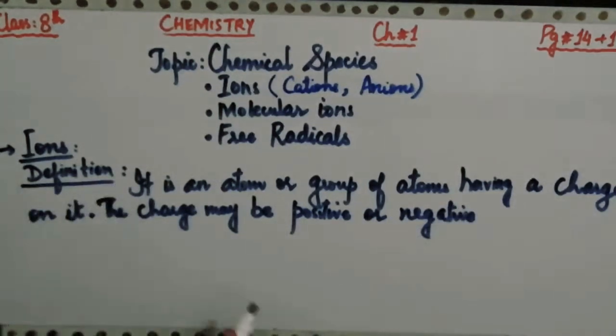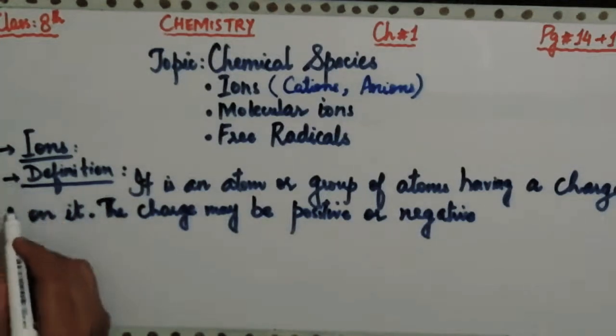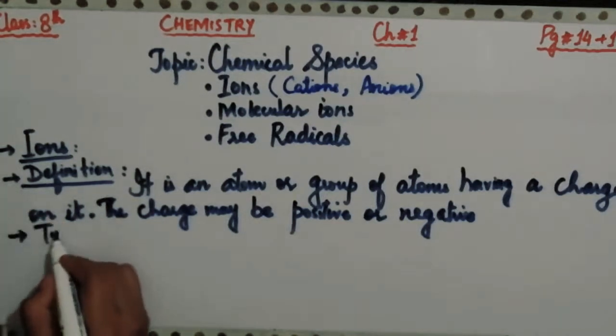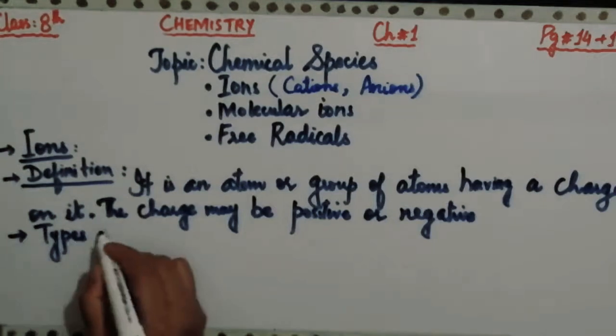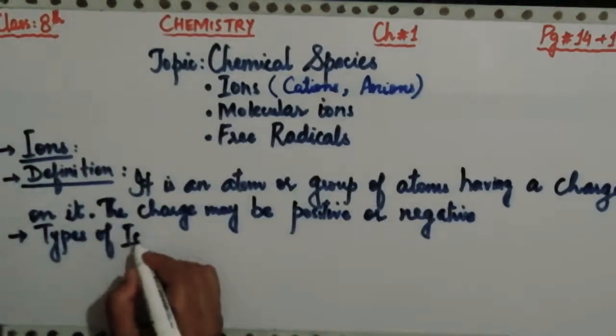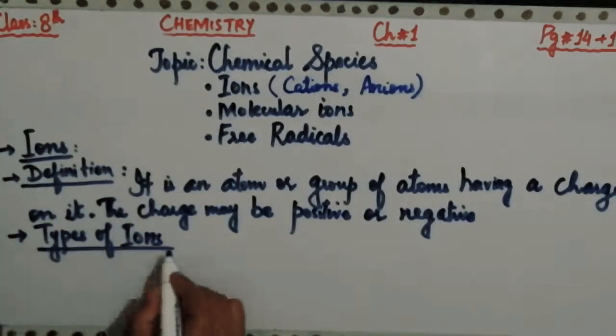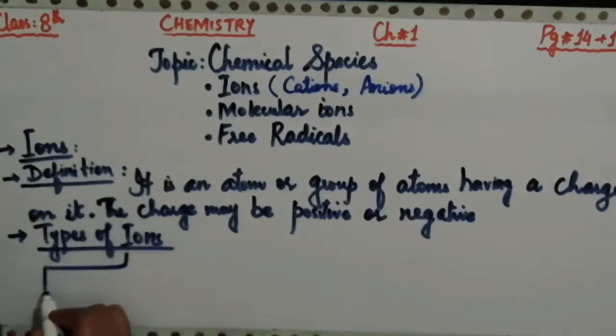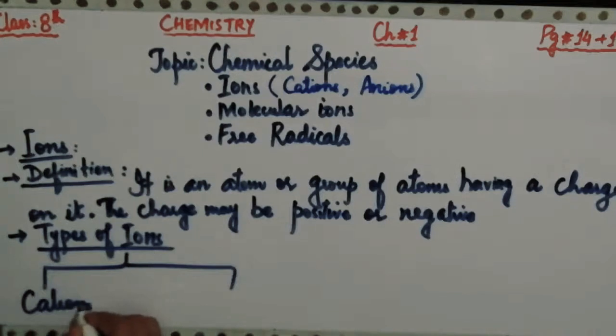Along with it, the next heading will be the types of ions. There are basically two types of ions. Number 1, cations and anions.